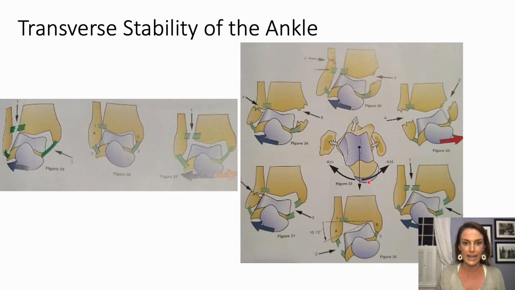I wanted to point out, so adduction of the calcaneus is less common in terms of getting a fracture. It's less common because the ligaments typically sprain, because that would be the lateral side that's stressed. Where here, if it goes into abduction of the calcaneus, you're going to more commonly get fractures because it's a bony end feel there, and that is going to result in some of these different scenarios.